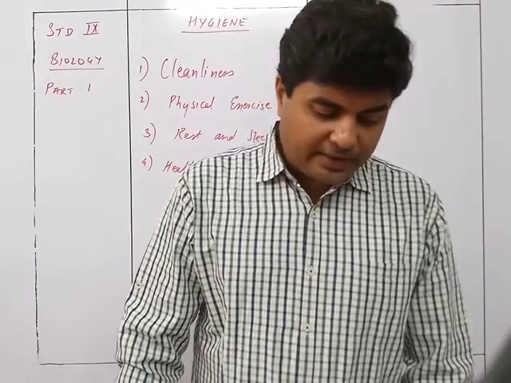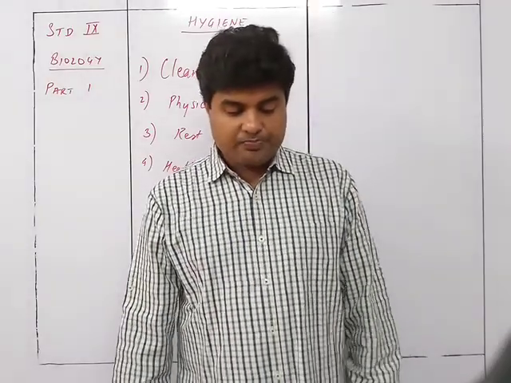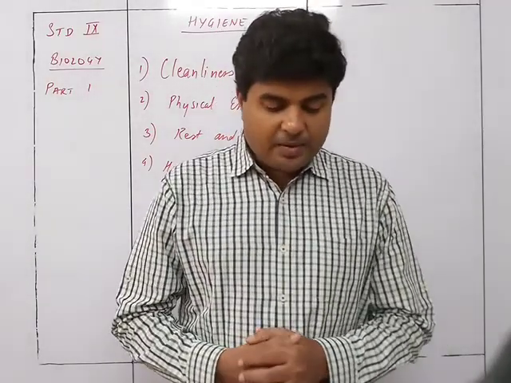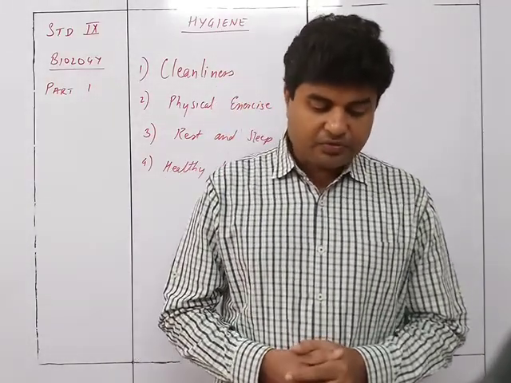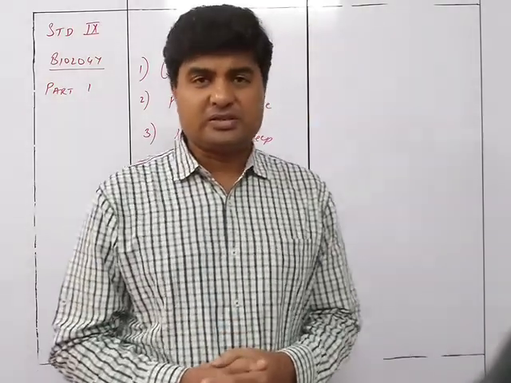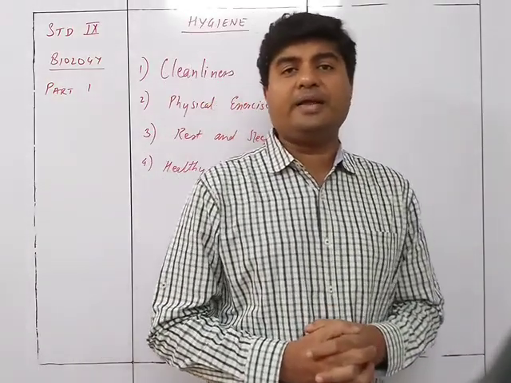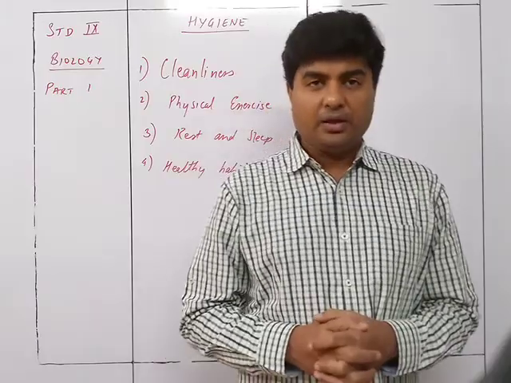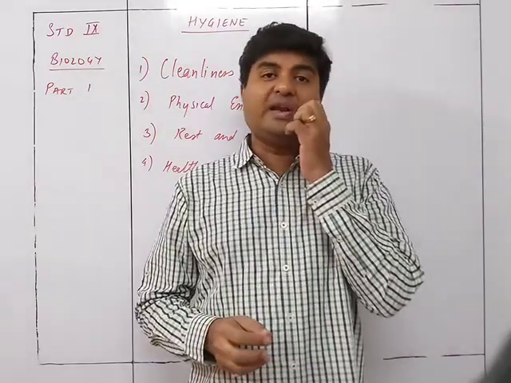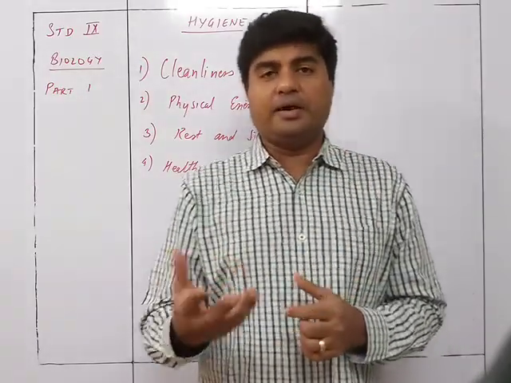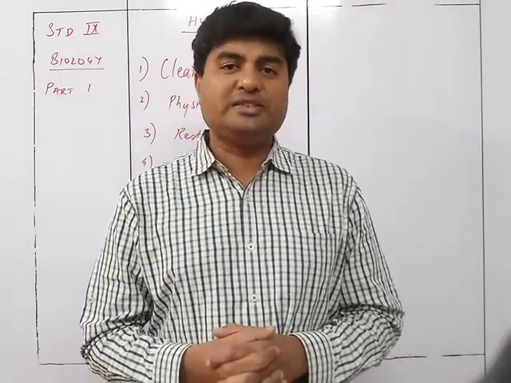Now, how to control them? There are several methods to control houseflies. First is elimination of the breeding place. Breeding is where it lays its eggs and reproduction of the houseflies takes place.